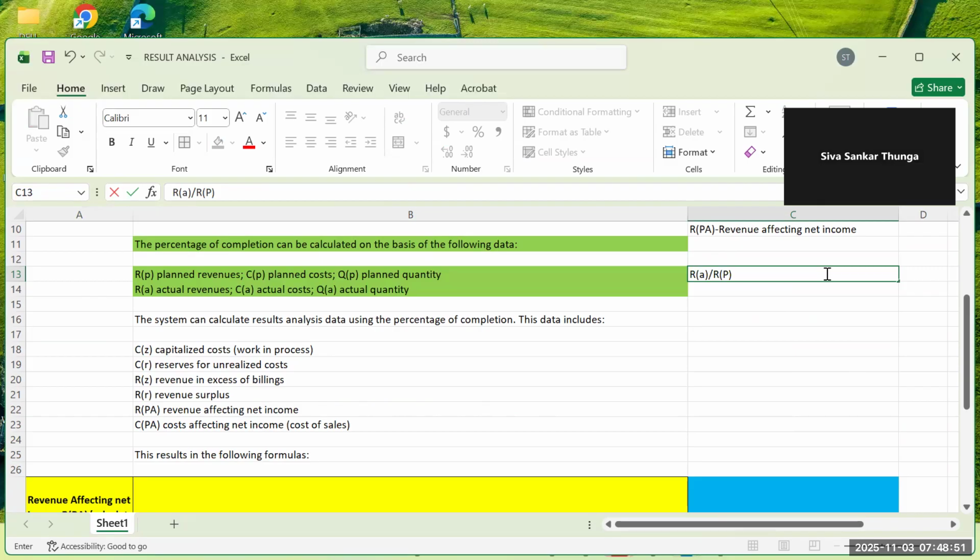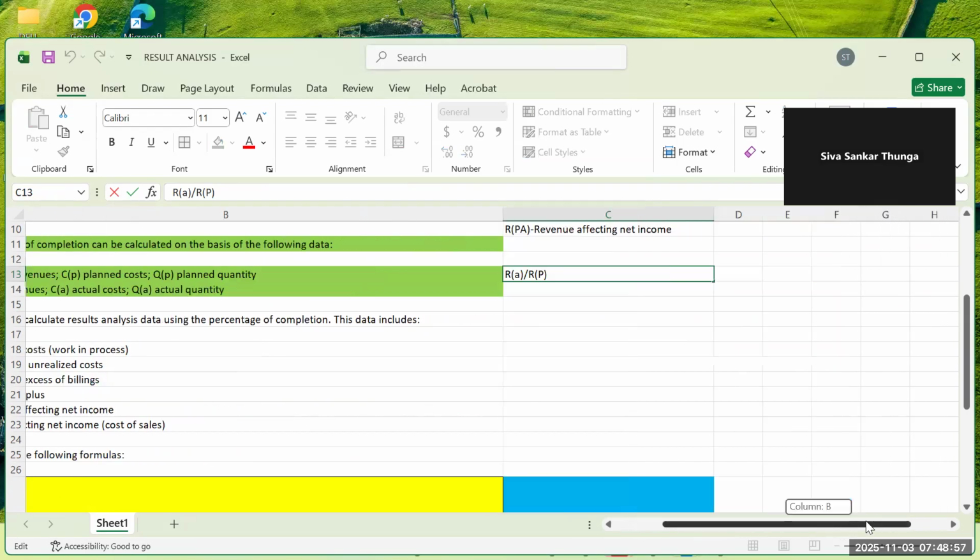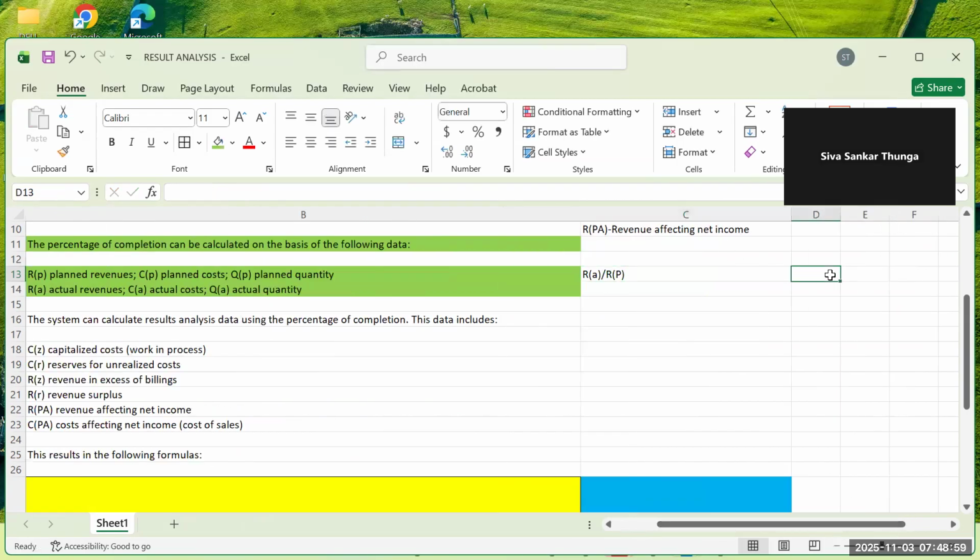This is the percentage of completion multiplied by planned cost to calculate the calculated cost.